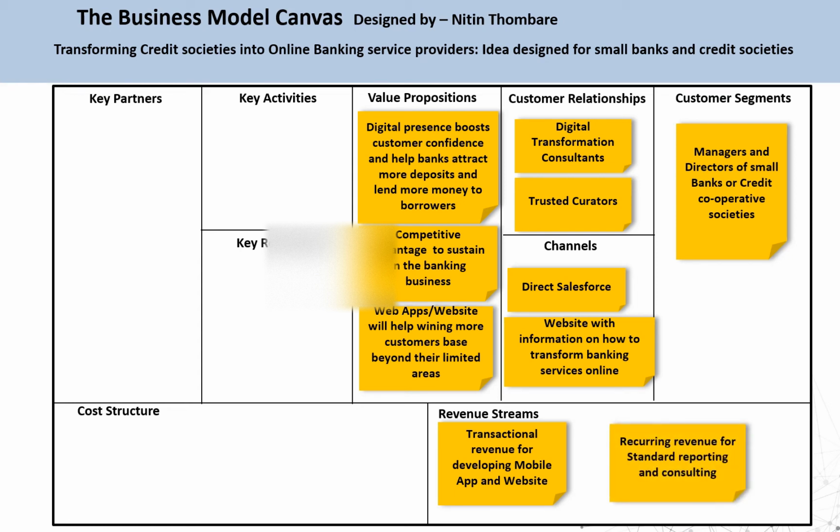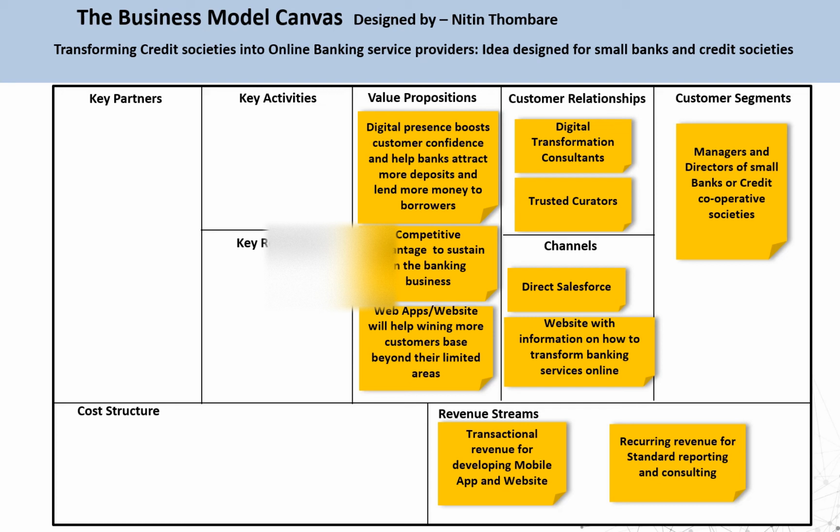So basically, for this particular business model, there would be transactional revenues and recurring revenues. Transactional revenue would be for developing the website and mobile application, and recurring revenue would be charged per attempt if there are any changes on the application or website.